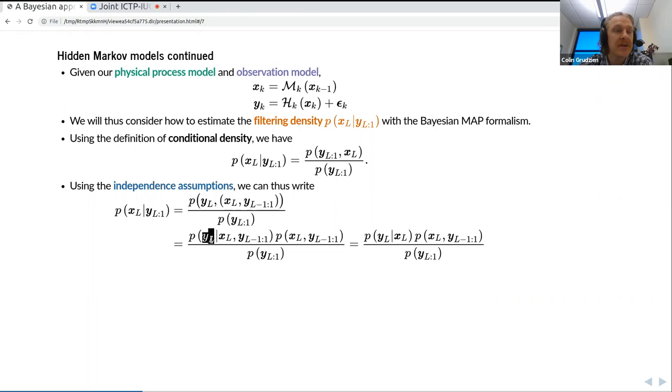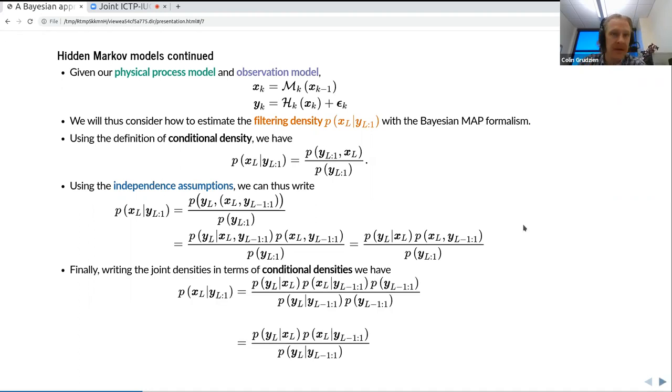We have a conditional density for the current observation, given our current model state and the past time series, times this joint density for our current model state and the past time series, not including the observation at time L. And again, with knowledge of this, we can simply discard this because it's sufficient to know this particular model state. And so we reduce it to this form on the right-hand side.